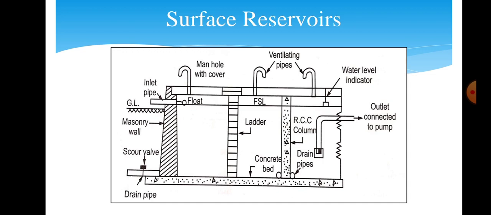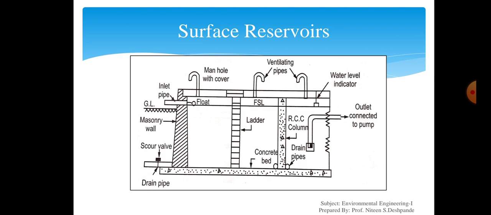After that, ladder is there in case of any maintenance or emergency. Ladder is provided for the minor maintenance. Then scour wall is there, masonry wall is there. Obviously this is the section of a surface reservoir. It is made up of RCC, therefore there is an RCC column, and the concrete bed is there at the bottom. Okay. So these are some parts of surface reservoirs.